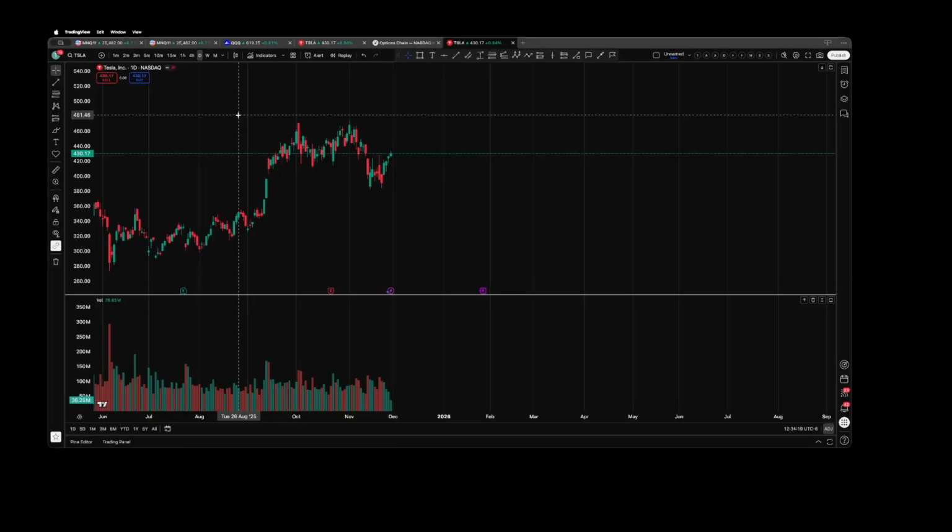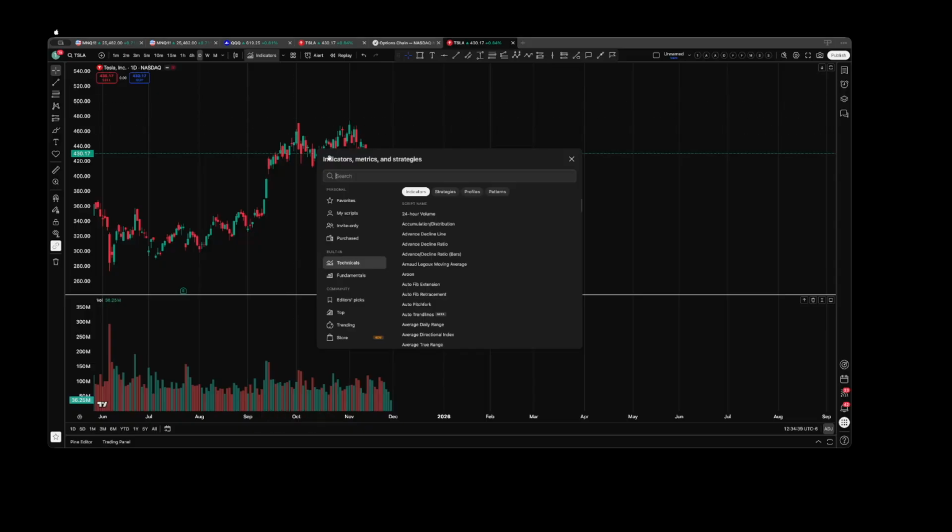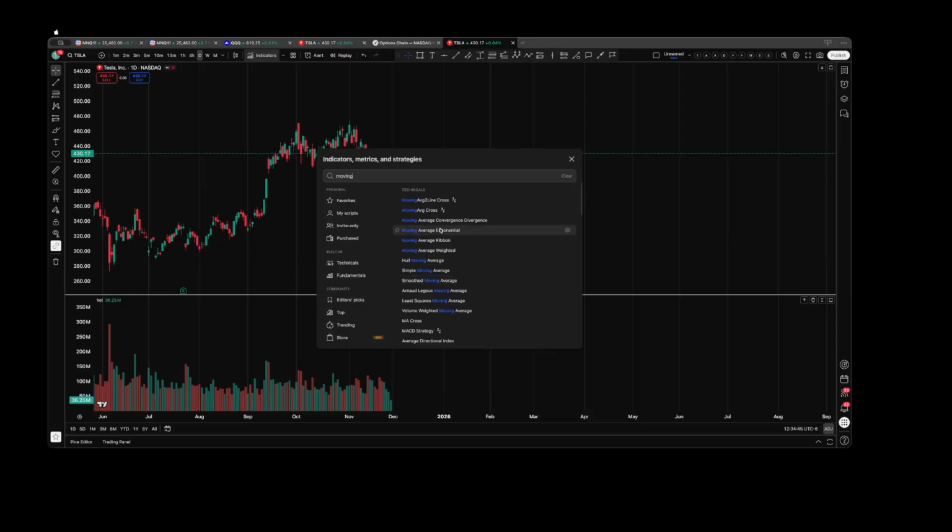The first indicator that we are going to talk about is the 9 and 21 EMA crossovers. So first of all, to add an indicator, you need to go to the indicator section in TradingView, like this particular section where you can add whatever indicators you require, and just type in moving averages, and you can see moving average exponential.